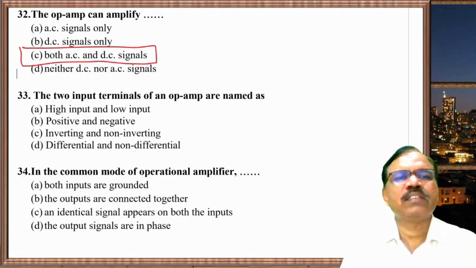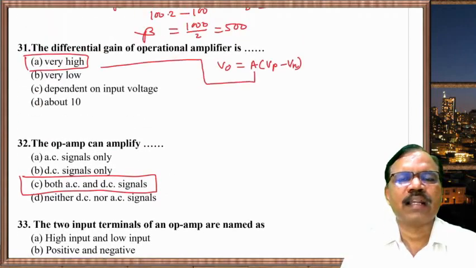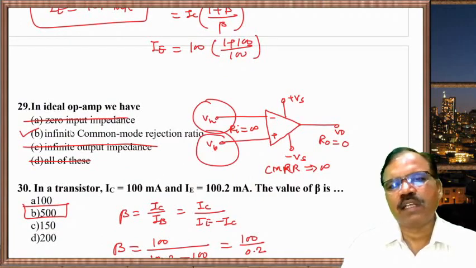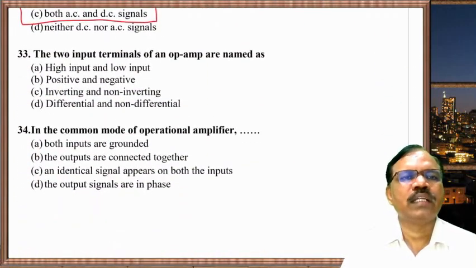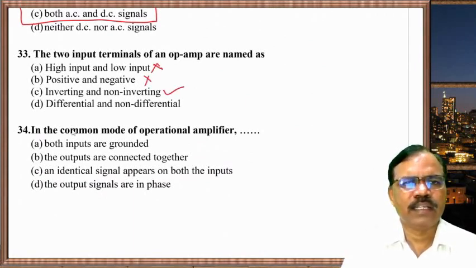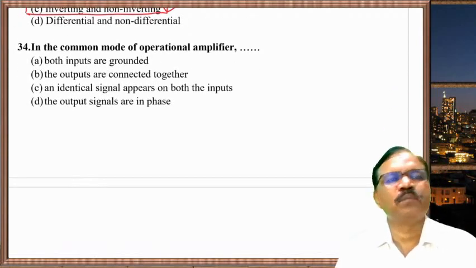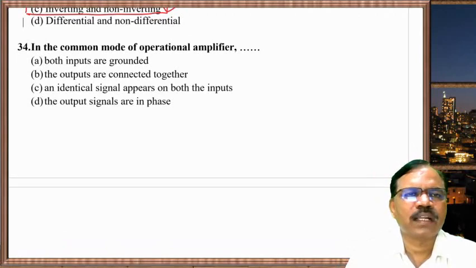The two terminals of an operational amplifier are named as, so these are two input terminals. This is inverting terminal, this is non-inverting terminal. So here high input and low input, no, positive negative, no, inverting and non-inverting, yes. So this one is correct. In the common mode of operational amplifier, both inputs are grounded, the outputs are connected together, an ideal signal appears on both the inputs, the output signals are in phase.